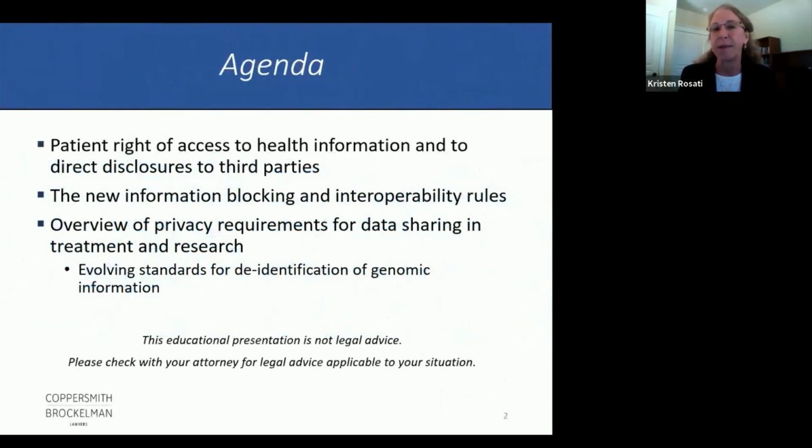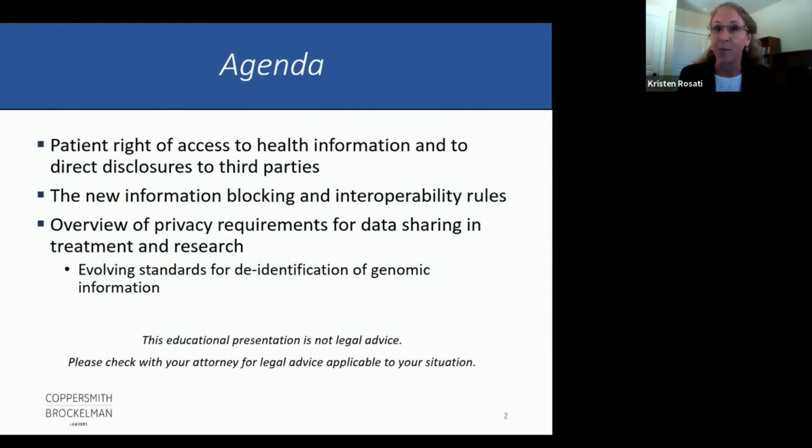In the short 10 minutes I have, I'd like to cover three issues that are all significant to the privacy and security of sharing information with oncology digital health applications. First, I'd like to talk about the patient right of access under HIPAA to get a copy of your own health information and to designate a third-party recipient to receive that information.